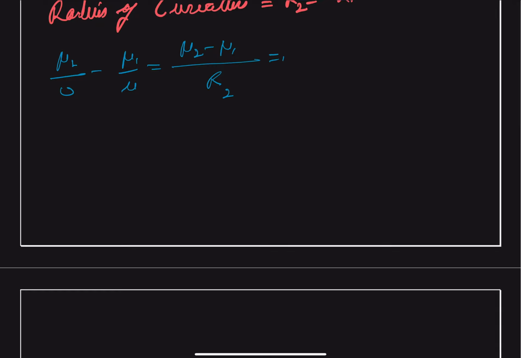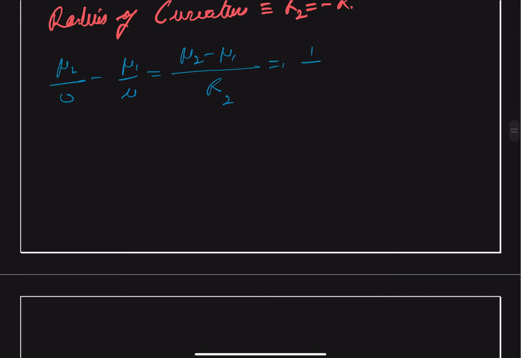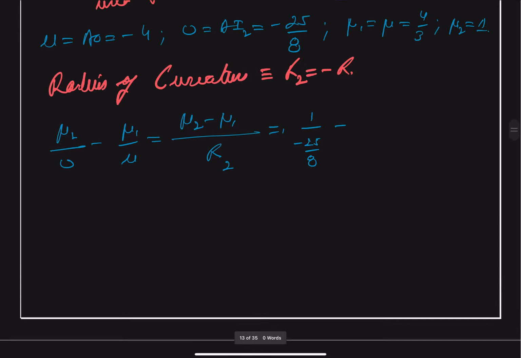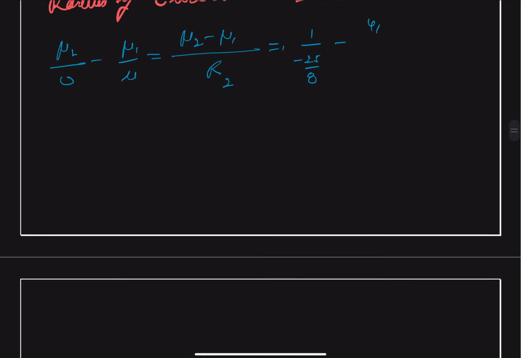We get this as mu2 is our 1, so we get 1 upon minus 25 by 8 minus mu1, we just found out is 4 by 3, so this is 4 by 3 upon U is our minus of 4, and this comes as 1 minus 4 by 3 divided by minus of R.